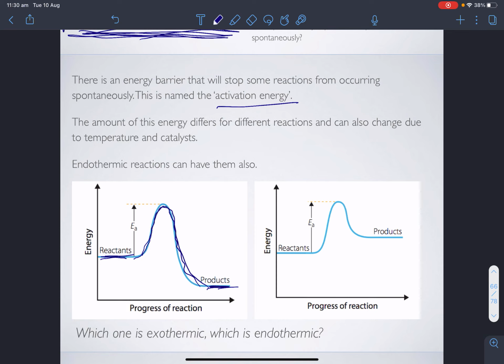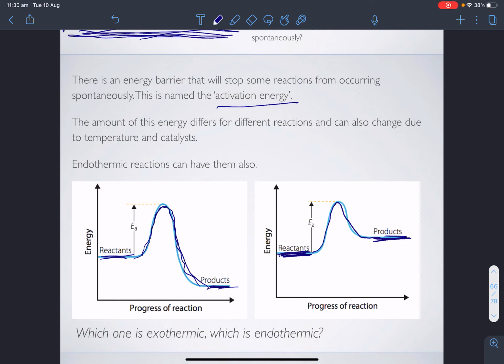An endothermic reaction, remember, cools down the environment, so it takes energy from the environment. So its products need more energy in their bonds than what was there in the reactants. So here the reactants are in the same place as before, but the products are higher up here. And again, you still have this activation energy barrier that needs to be surmounted to go to the products.